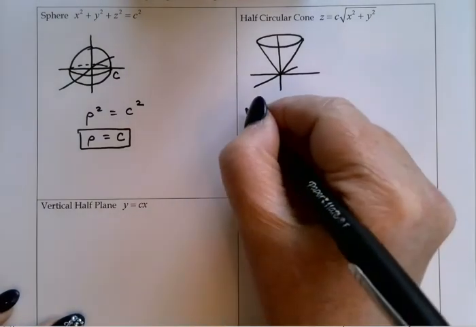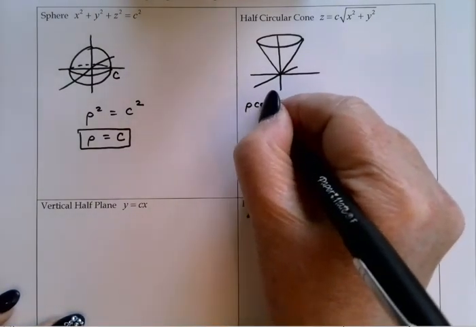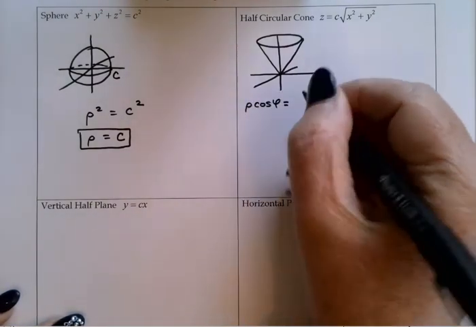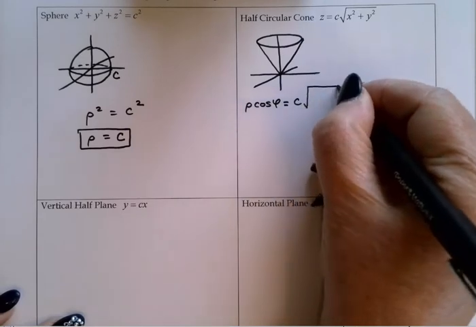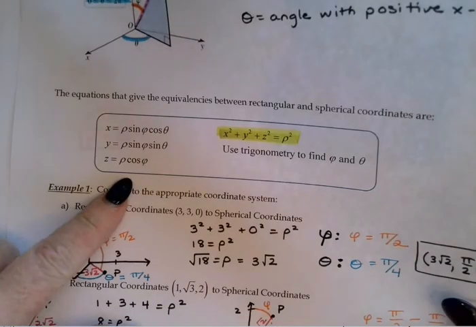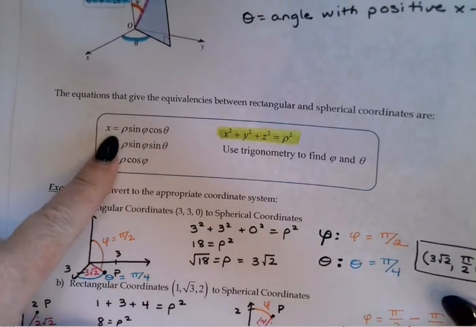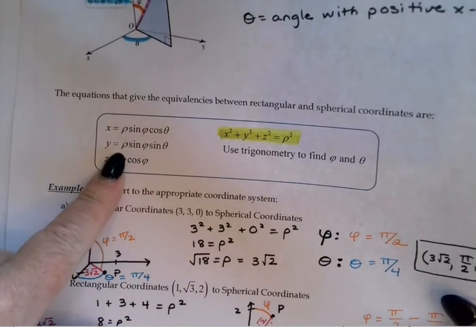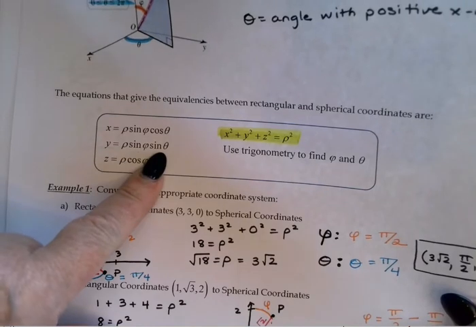Z, I can replace with rho cosine phi, and that's c times the square root of, and I'm just using these equations right now. I'll square this one to get the x squared, and I'll square that one to get the y squared.